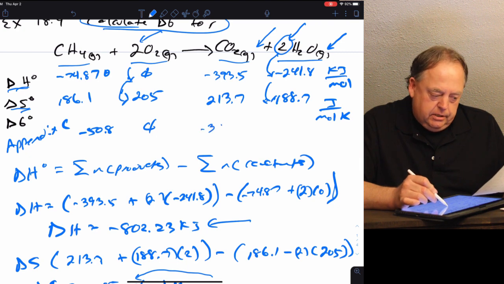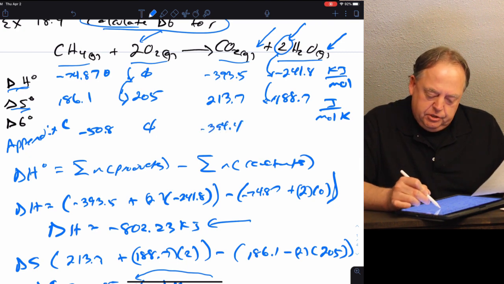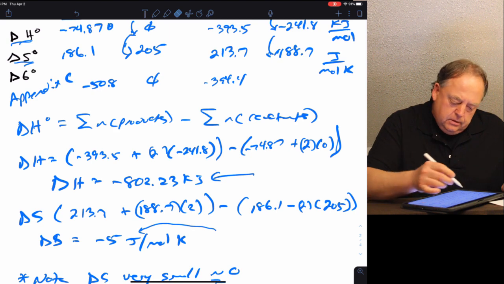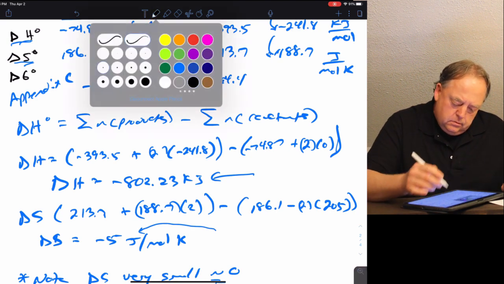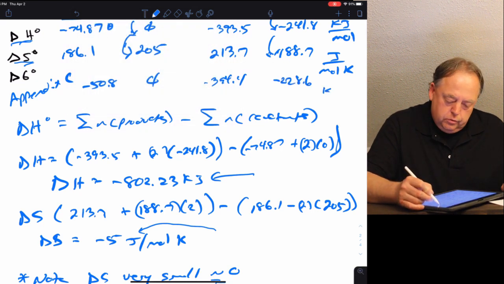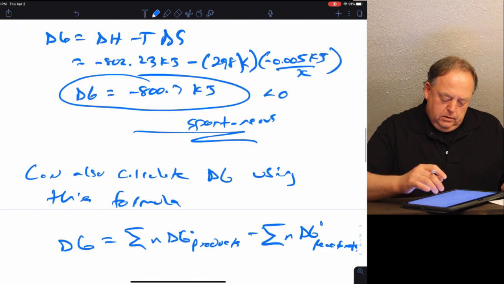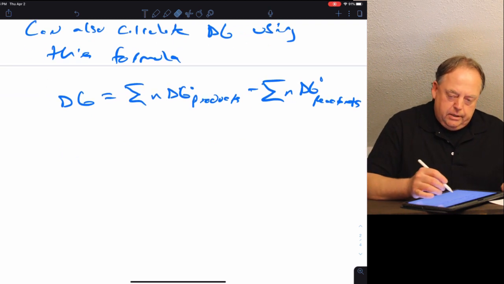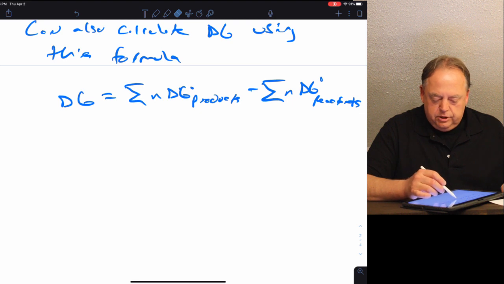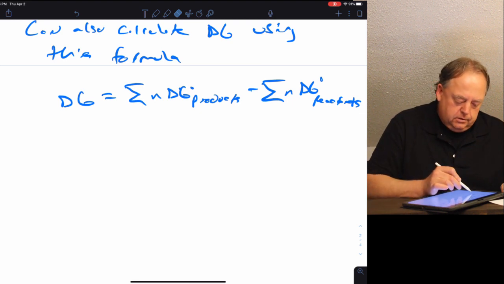CO2 is negative 394.4, and delta G for water gas is negative 228.6, and these are all kilojoules per mole values. Okay, so now we can come down and plug it into this equation. Delta G is equal to the summation of delta G's of the products minus delta G's of the reactants.